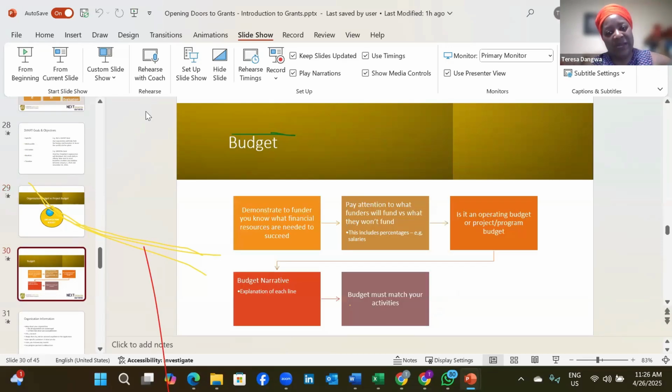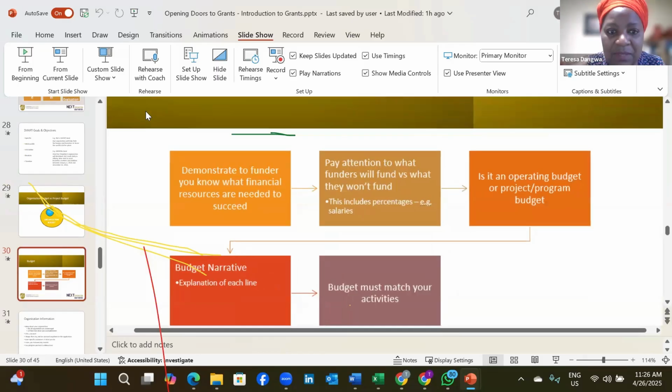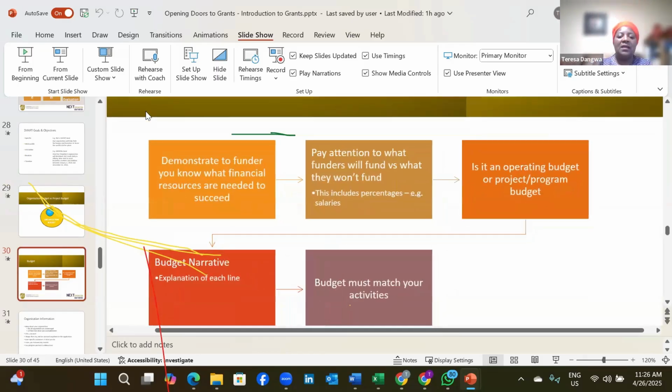So what does the budget do? The budget demonstrates to the funder that you know what financial resources are needed to succeed. Pay attention to what funders will fund versus what they won't fund. It's very important. They always write it in their instructions: we will not fund this.